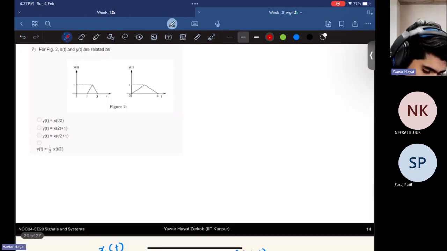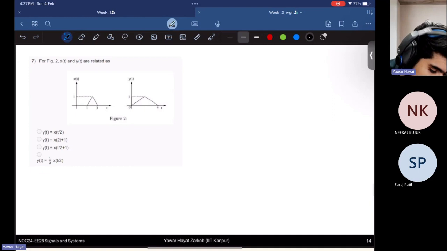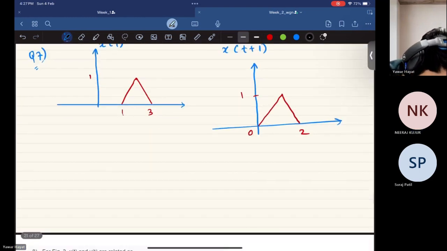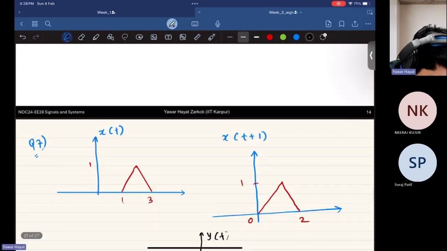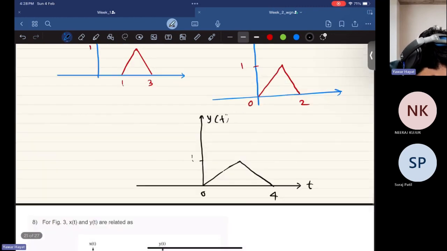What is the signal y of t though? Let me make y of t now. This is y of t, right?